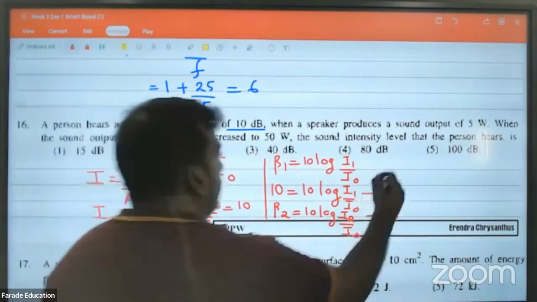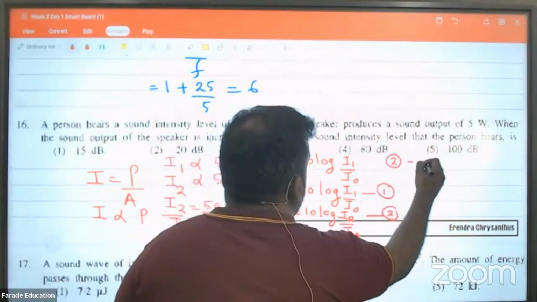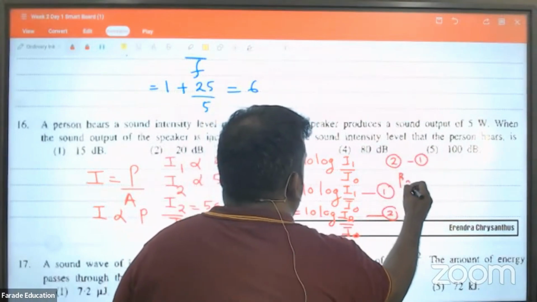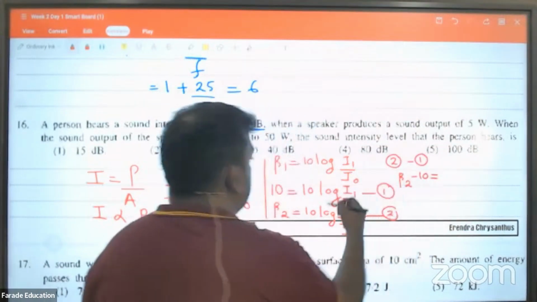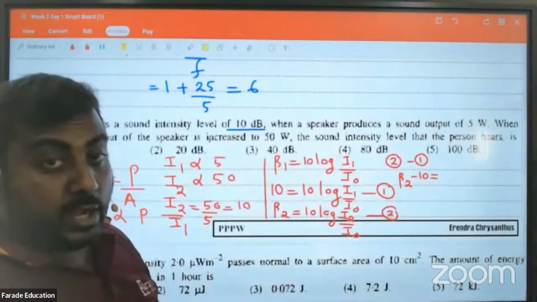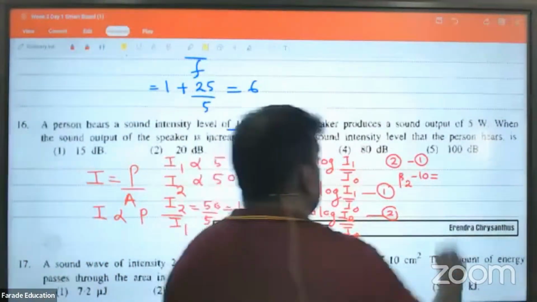So what you can do is say equation 2 minus 1: beta 2 minus beta 1. Log subtraction means log division.